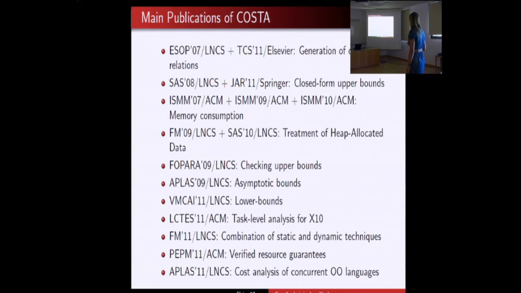And as you can see, the latest works are on concurrency, like the publications for the Extend language. This year in FM we also propose a way to combine static and dynamic techniques for improving the analysis of concurrent programs, and this is the final publication in the list.